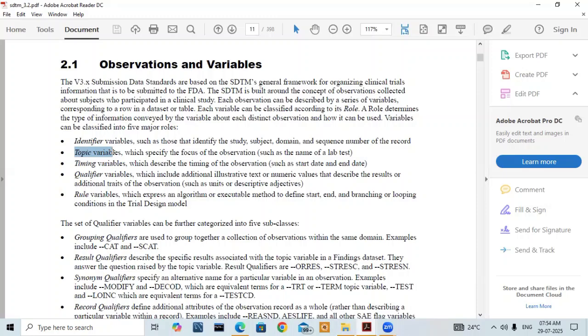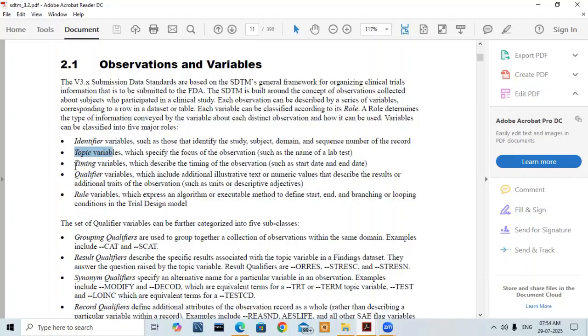So test is CD is the topic variable, because the vital domain is dealing with different tests. The main focus is the test or test is CD. Such variables are known as topic variables, which are the main focus of the domain.